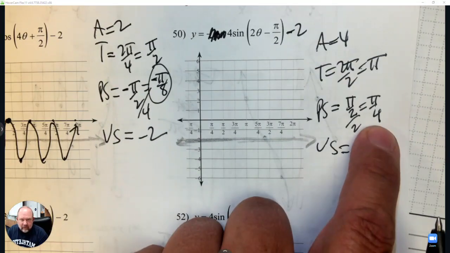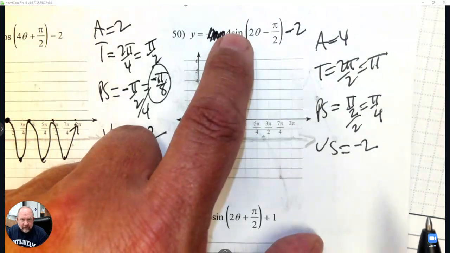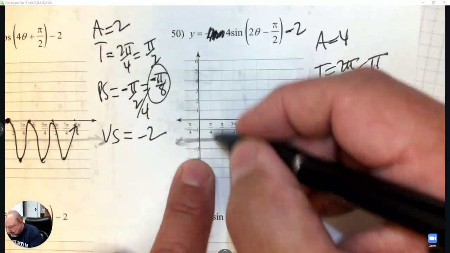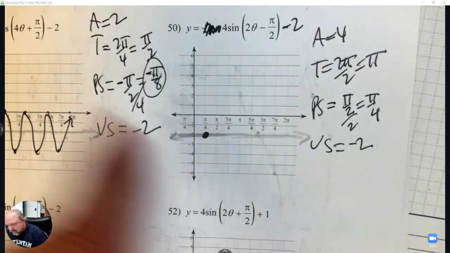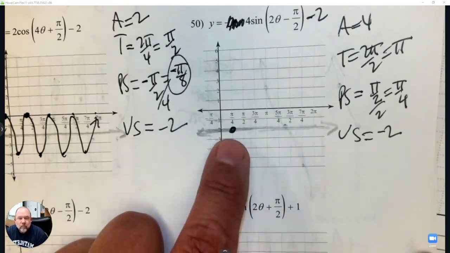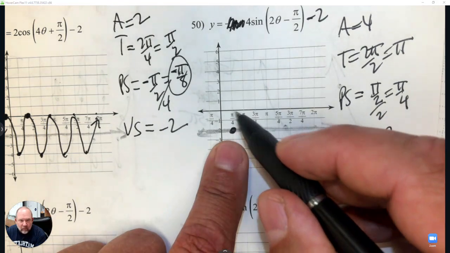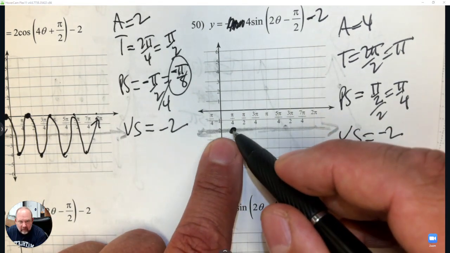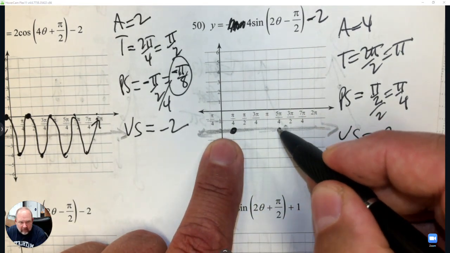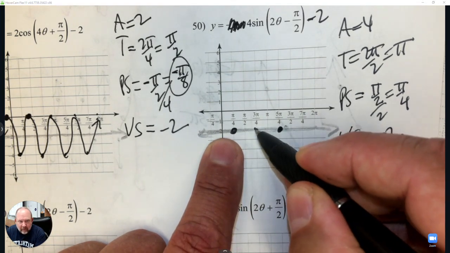Then I'm going to go to the phase shift, which is at pi/4. And sine starts in the middle. So on that pencil line right here at pi/4, that's exactly where it starts. And then the period, which is pi. So pi is 1, 2, 3, 4 to the right. So I start here and go 1, 2, 3, 4 to the right. And then I put another one in the middle.